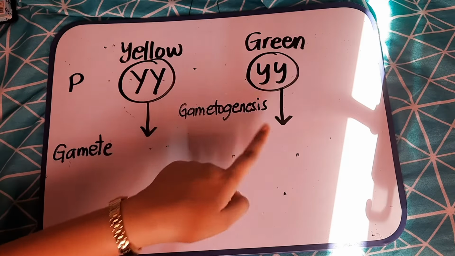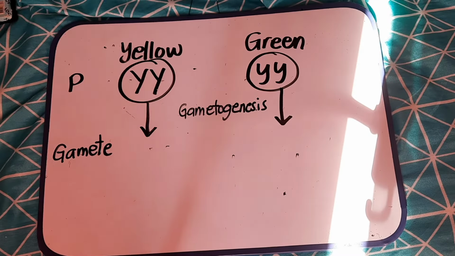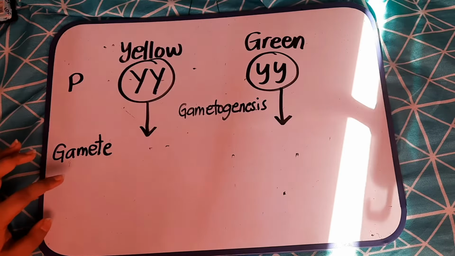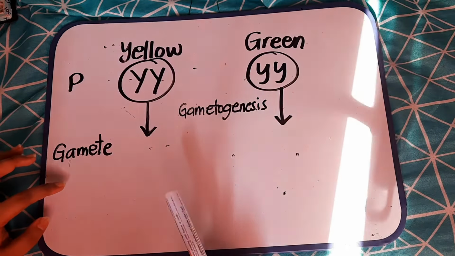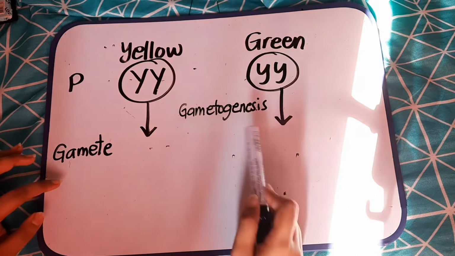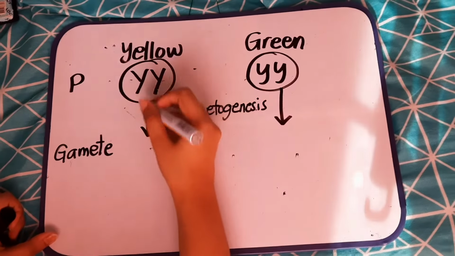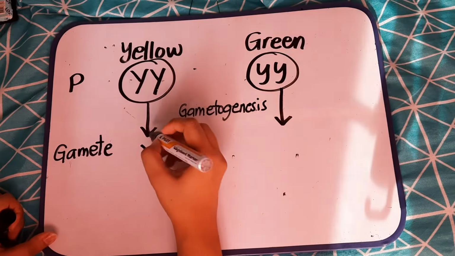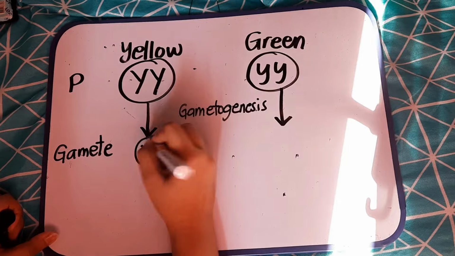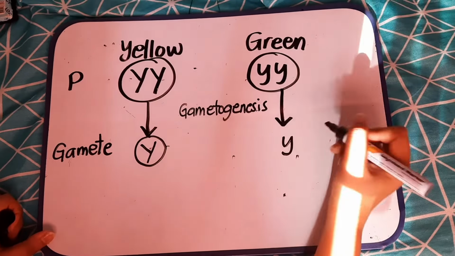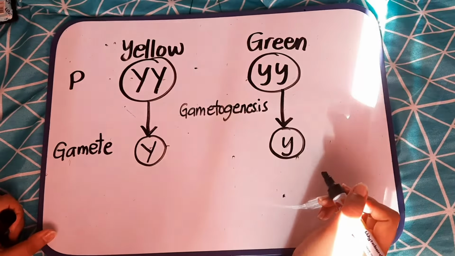So, when the gametes are formed during gametogenesis, ang naging gametes nito is capital Y, which is dominant, at saka small letter y, ibig sabihin, recessive.